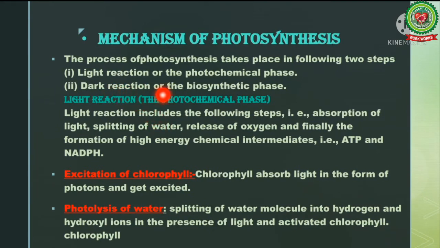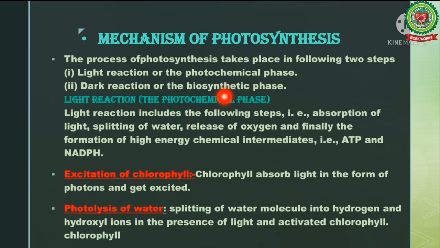Dark reaction or biosynthetic phase. In dark phase, carbon dioxide is reduced to glucose by means of energy through ATP and reducing power through NADPH that are produced during light reaction. For dark reaction, there is no need of light, hence it is called as dark reaction. This process occurs in the stroma of chloroplast.